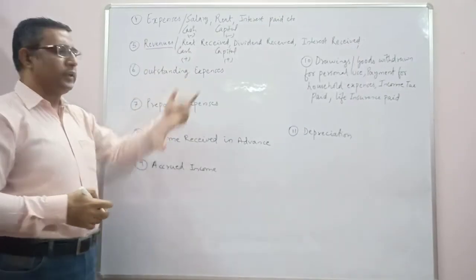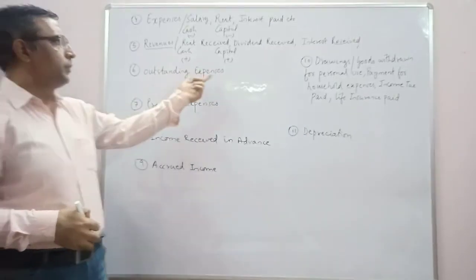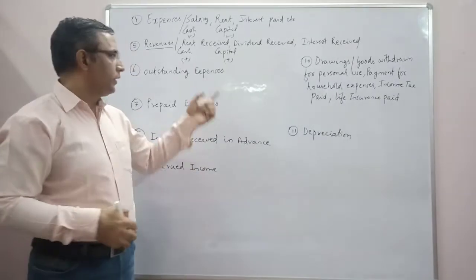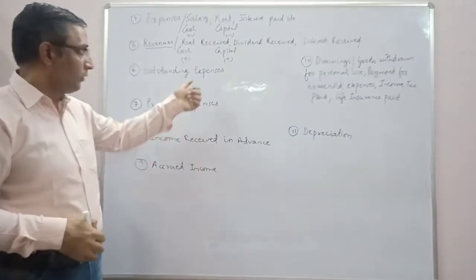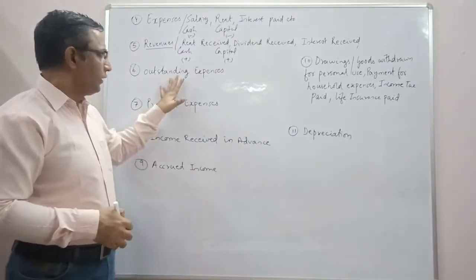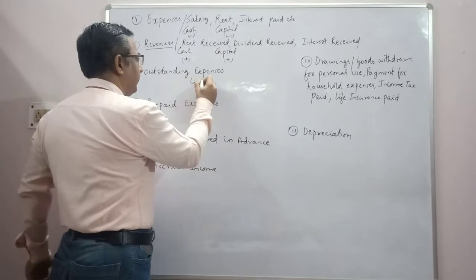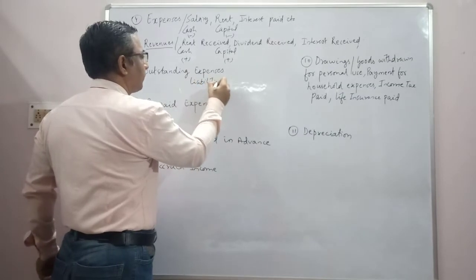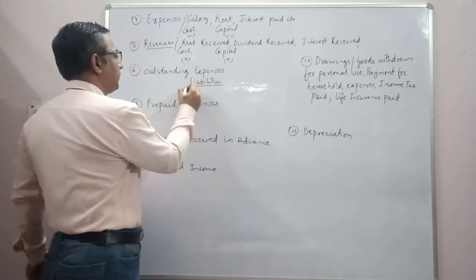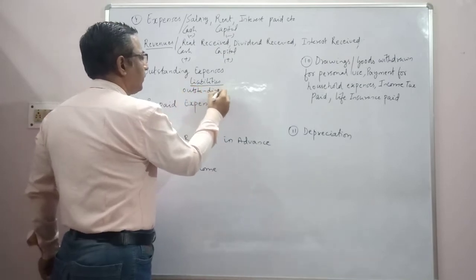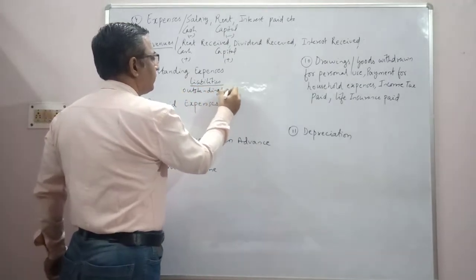Now coming to outstanding expenses. Outstanding expenses are those expenses which have not yet been paid. So this does not involve cash. Outstanding expenses do not involve cash. They are affecting liabilities. Liabilities, here we write outstanding expenses.